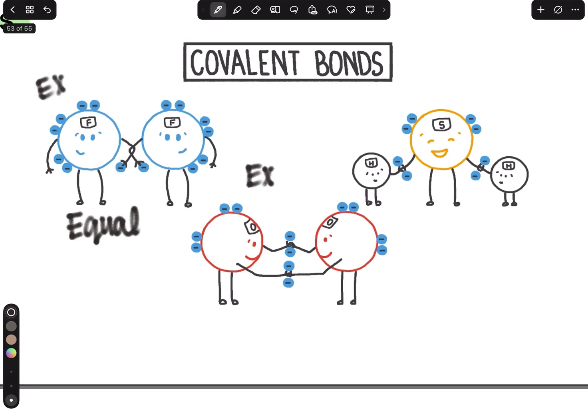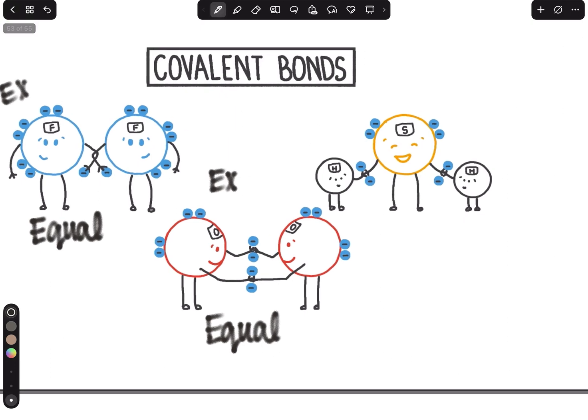If I were to compare to the oxygen diagram, I'm seeing something very similar. It might not be the exact same amount of electrons being shared, but each oxygen has access to the same amount of electrons. In other words, the sharing is equal. But when I look over here at this last example, this is an example we haven't illustrated just yet. I've got a bond between sulfur and hydrogens.